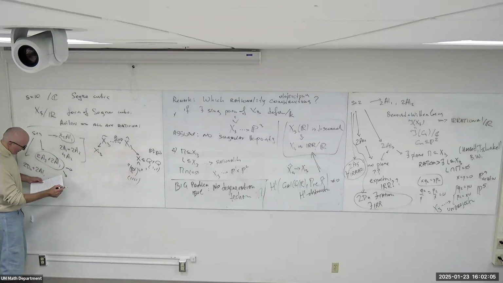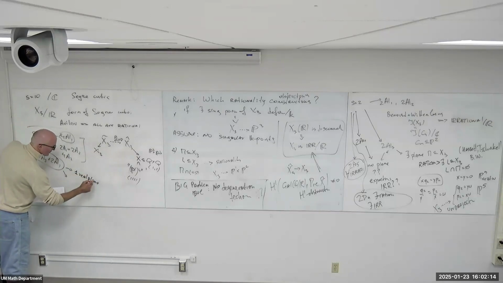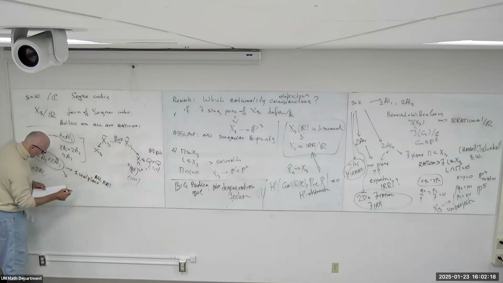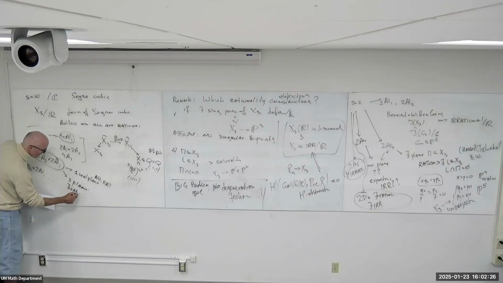So we can have one real plane. And then in this case, all of them are rational. Or we have 3 real planes. In this case, we have a rational example, and we have an irrational example.